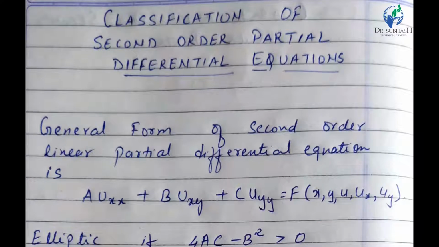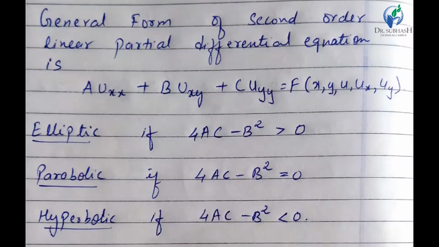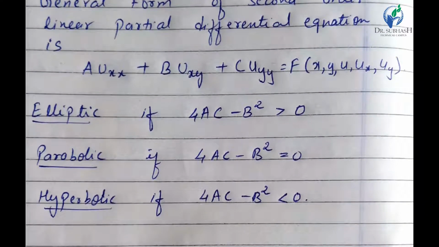Now it is classified as elliptic, parabolic and hyperbolic based on the value of the expression 4ac minus b square. If the value of 4ac minus b square is positive, that is greater than 0, then the equation is elliptic.